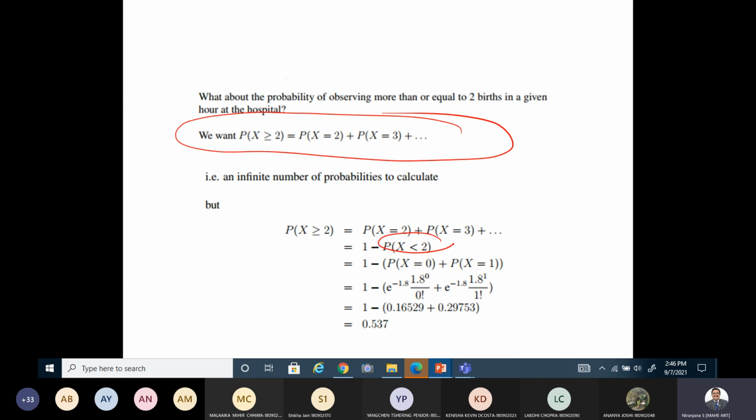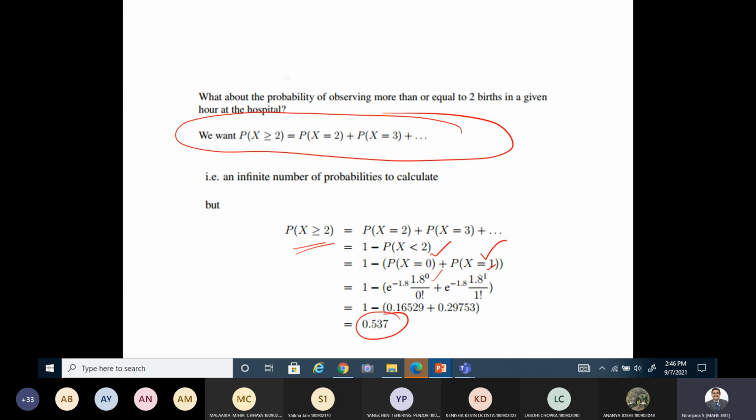When you are talking about this probability, it includes these two cases: probability of x is equal to 0 and x is equal to 1. So considering these two cases as x less than 2, you will calculate the probability of x is equal to 0 and the probability of x is equal to 1 using the Poisson distribution, and then you may be able to predict the value.